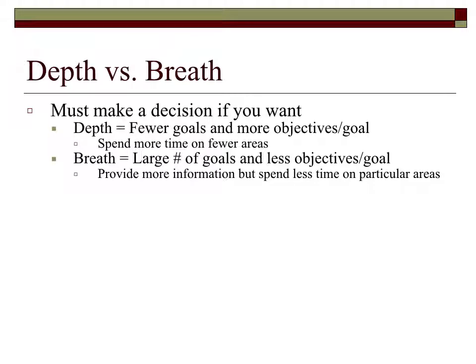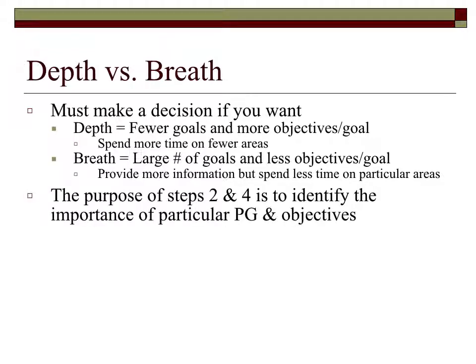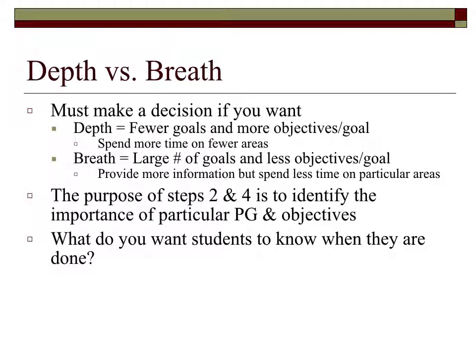This means you're going to provide more information but spend less time in particular areas. So the purpose of steps 2 and 4 is to identify the importance of particular program goals and objectives. You have to think about that when you're doing those steps. So again, the question is, what do you want your students to know when they are done with your curriculum?